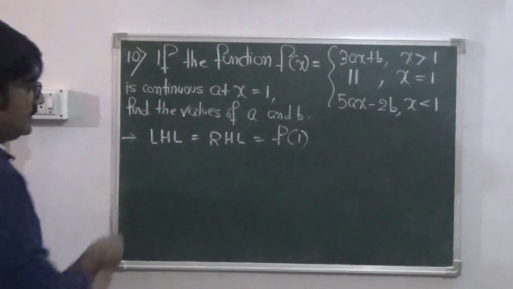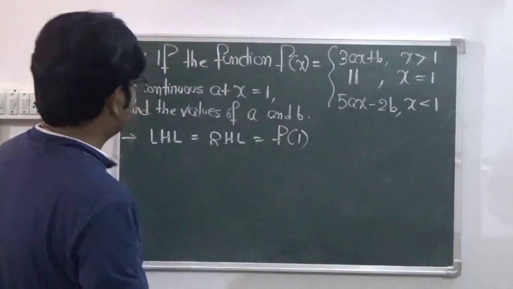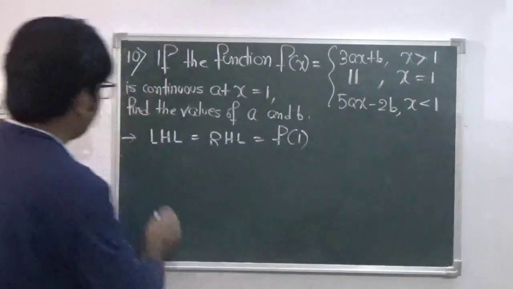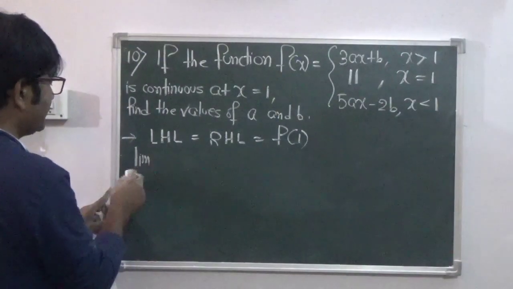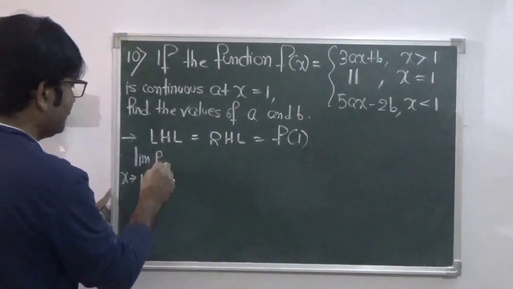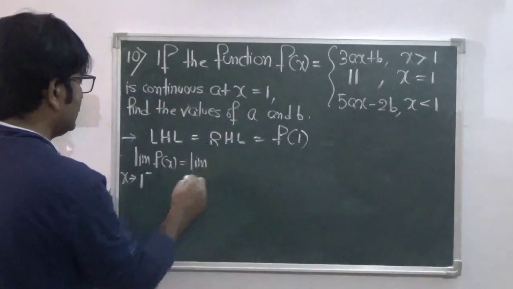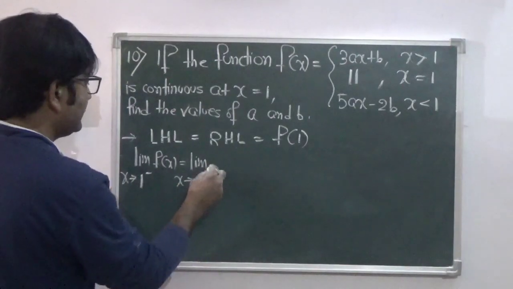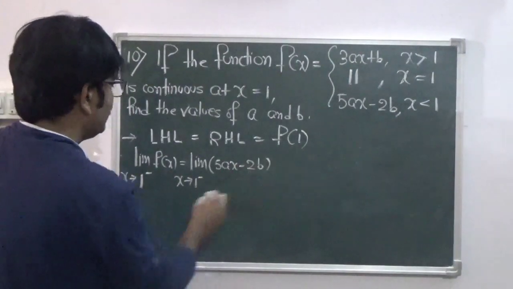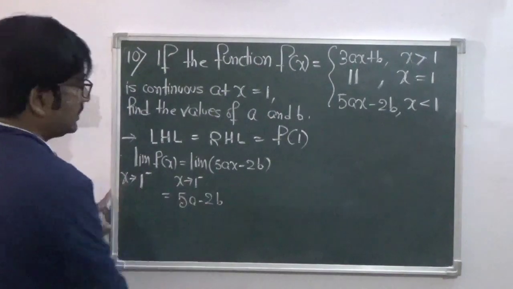So let us write the left hand limit for x less than 1. So what is the left hand limit? We will be using this function. So limit x tends to 1 negative f(x) is equal to limit x tends to 1 negative 5ax minus 2b, and that is equal to 5a minus 2b.